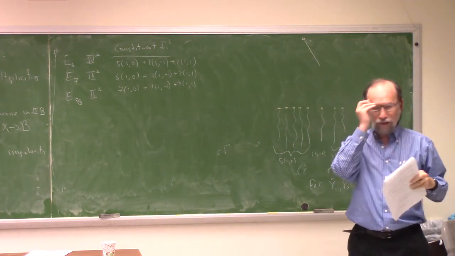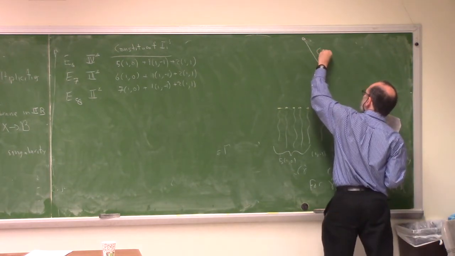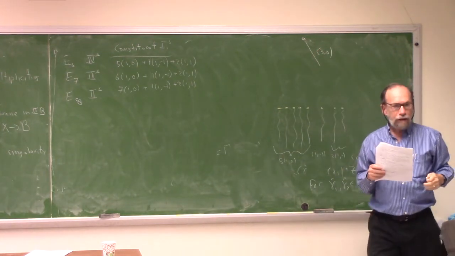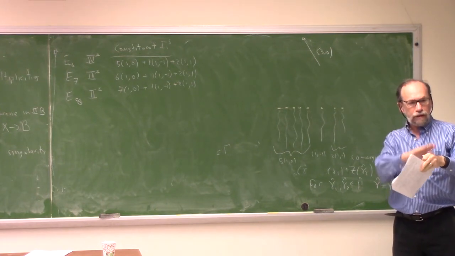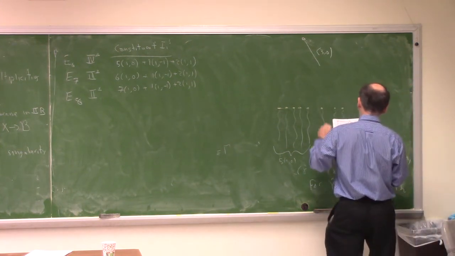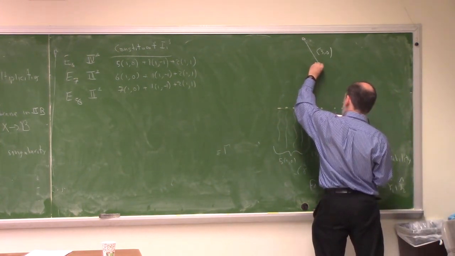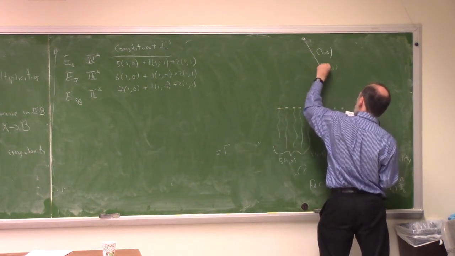a particular charge vector. Let's say I pick 3, 0. Okay? And these strings can form junctions where the sum of the charges adds up to 0. And so this 3, 0 string can split like this and become a 4, 0 string over here.